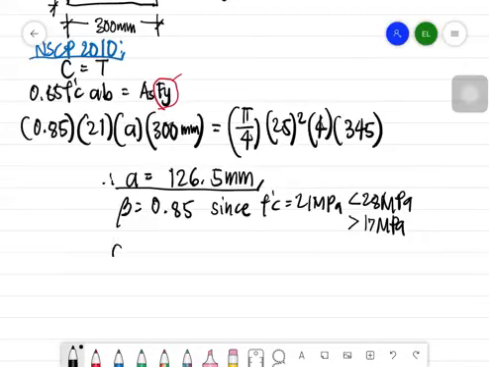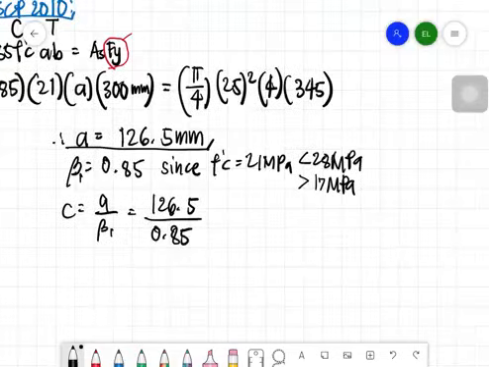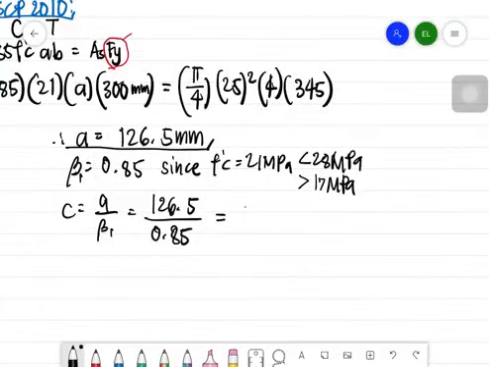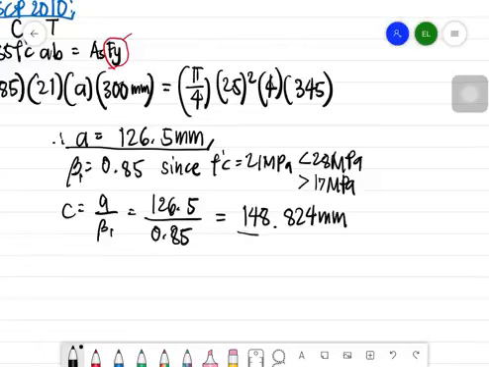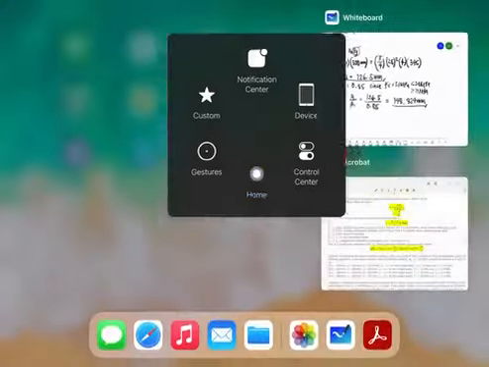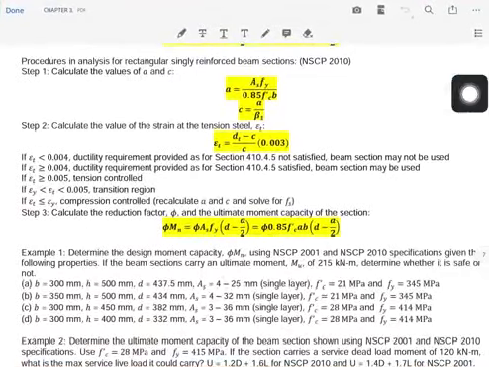So c is equal to a over beta 1, which is 126.5 over 0.85. Therefore c is 148.824 mm. That will be the value for our c. We already have the values of a and c.